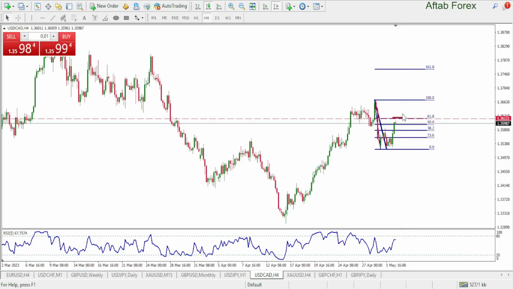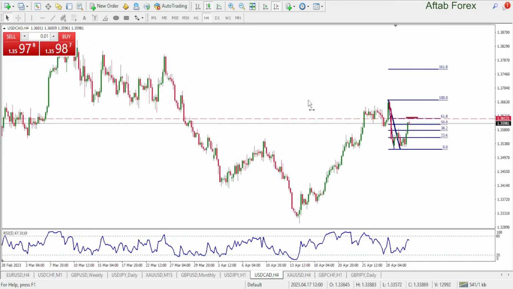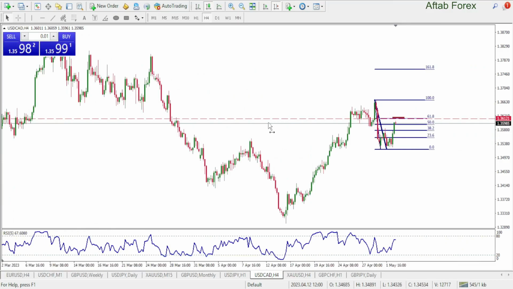Obviously, in reality, when you trade it is not that easy. You have to take care of most of the things, right? You can set a pending order, but if you are a day trader, then obviously you will need to go through these things.